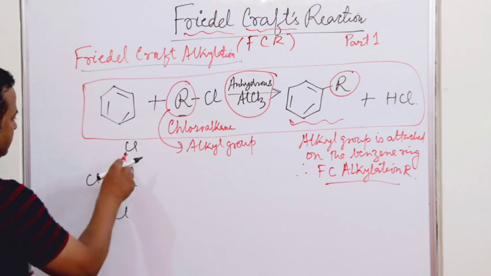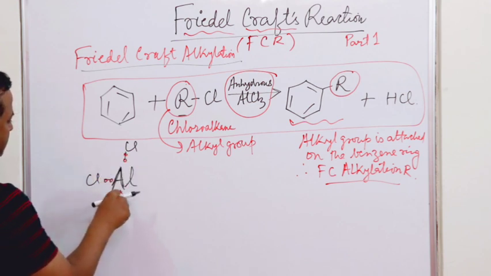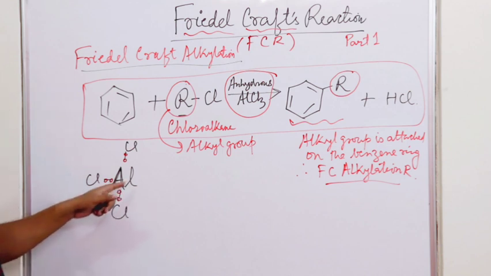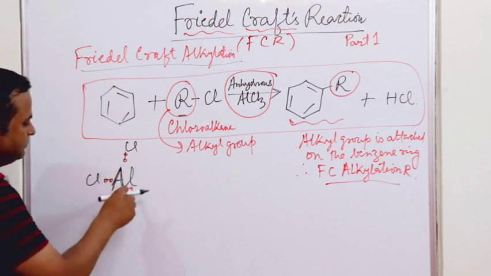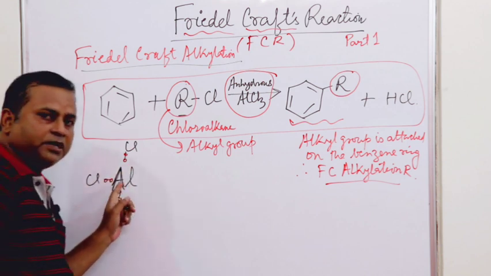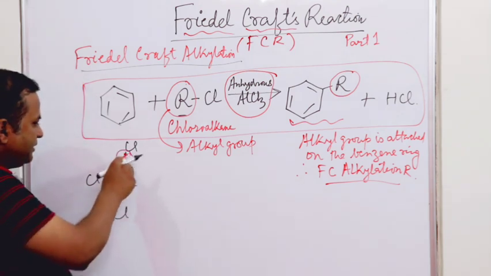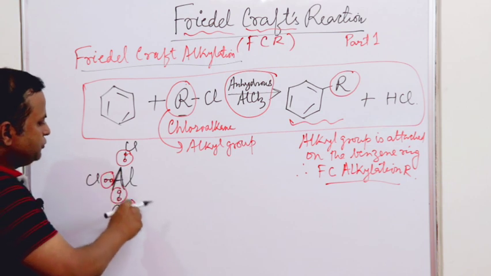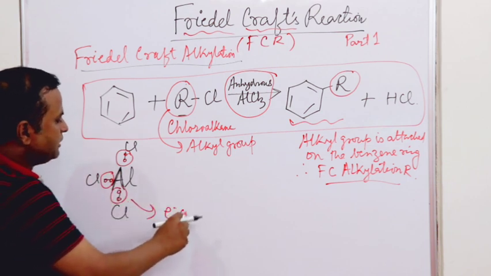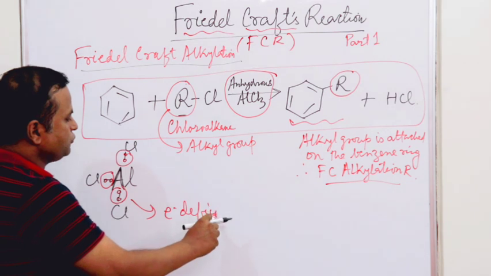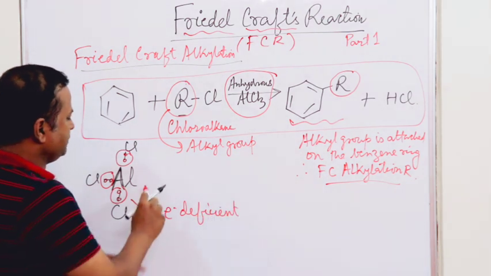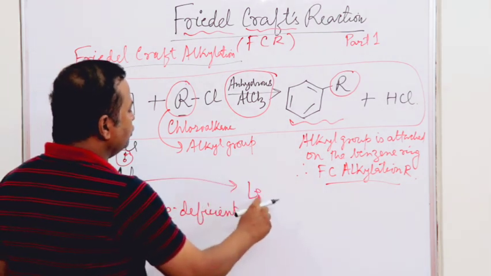There are 6 electrons around this aluminium. So this aluminium is electron deficient. Because it is electron deficient, it acts as a Lewis acid.